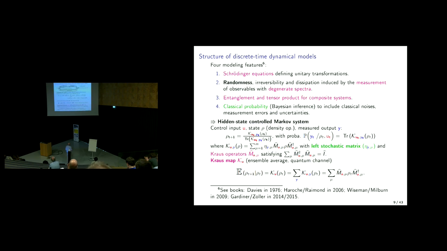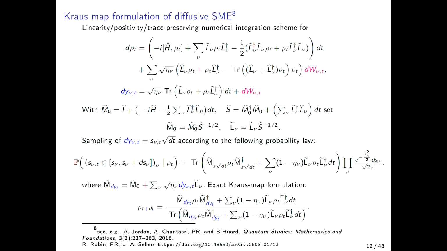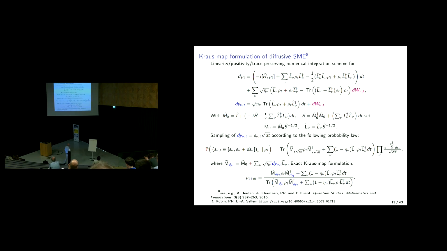And how you can write this map like this, in fact, is just by doing some Ito computation. This map is something like this. And you recognize on top something which is operator times rho times operator, and a sum, where you have a measurement appearing.